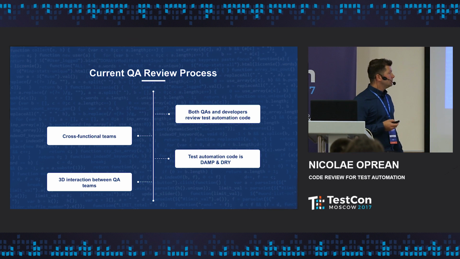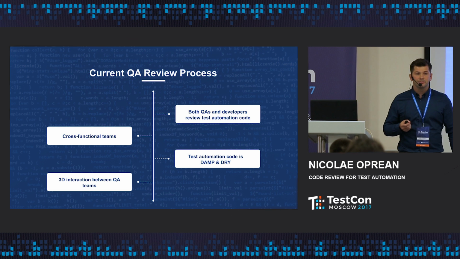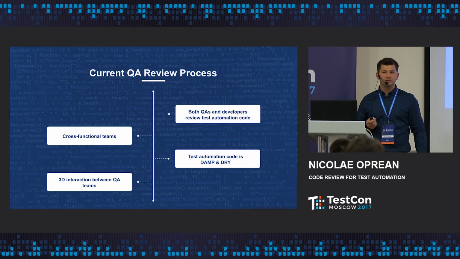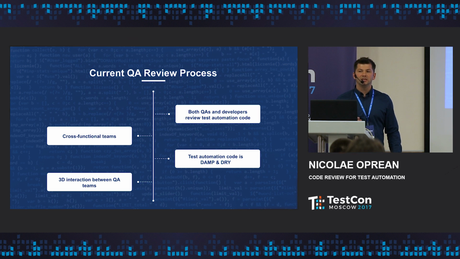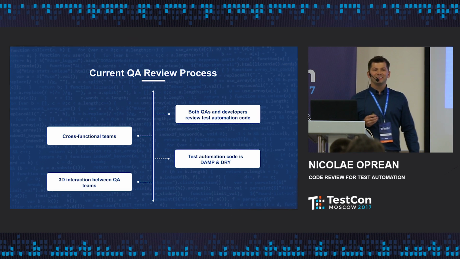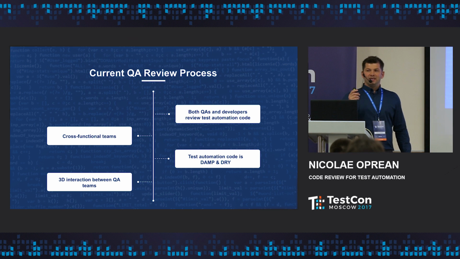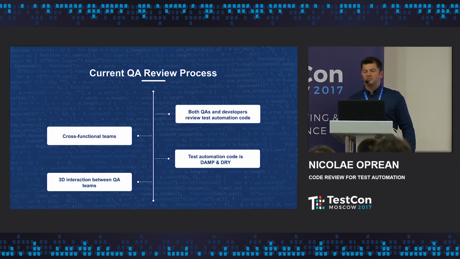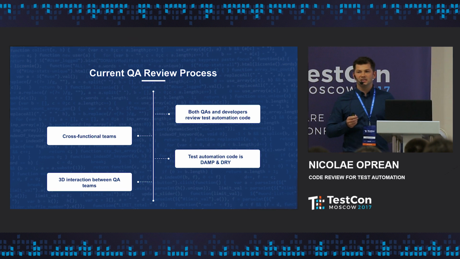Test automation code is DAMP and DRY. These two acronyms, I don't know if you know what they mean. Anyone? DAMP comes from descriptive and meaningful phrases.